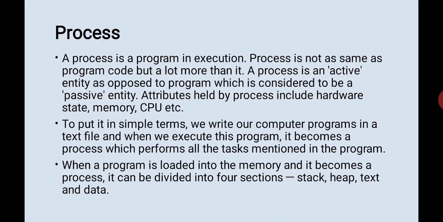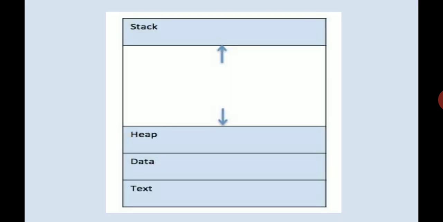When a program is loaded into memory and it becomes a process, it can be divided into four sections. And what are these four sections? Stack, heap, text, and data. In this figure, we can see the components of the process.